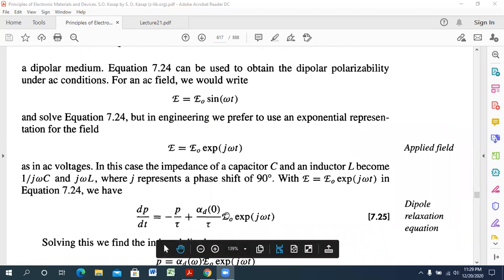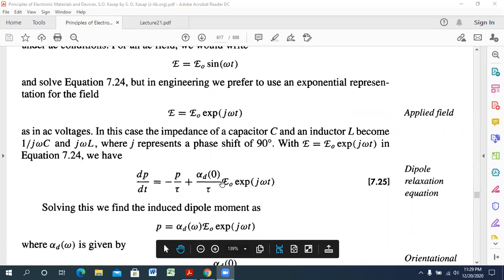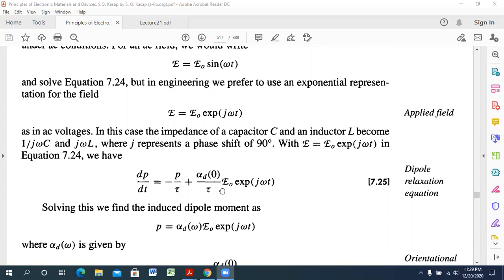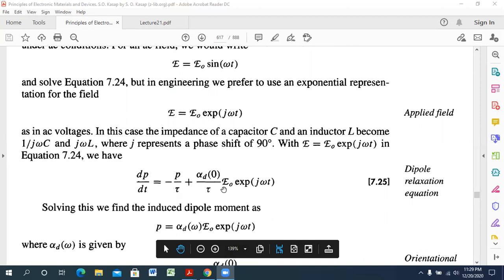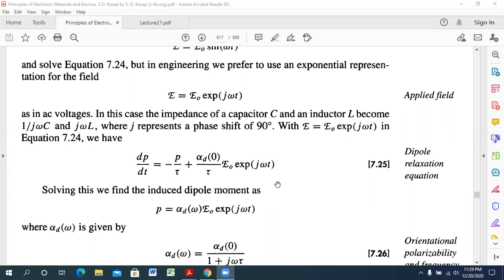Previously, that one was E, if you can remember. Now, we put the value of E equals to E naught exponential j omega t. We have not done anything except we just put this value, right?